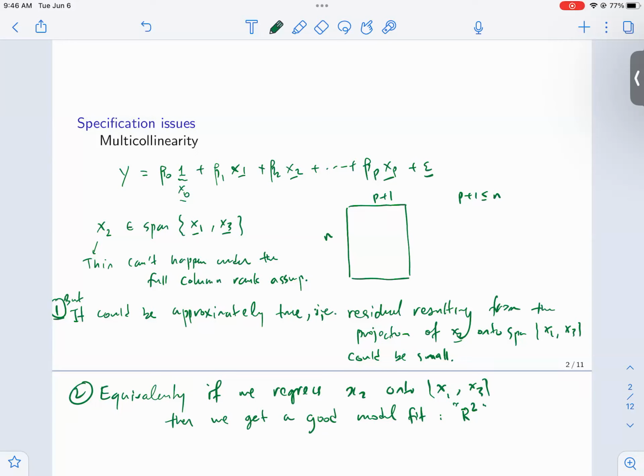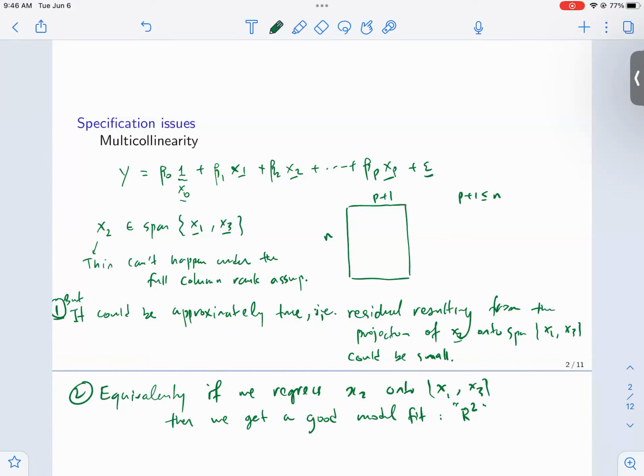If that regression is small, like this R squared is small, then x2 is not going to cause a problem that much from a multicollinearity perspective, because it can't be very well explained by the other ones. It's like an independent variable, really. So the idea, if you want to generalize, is that you look at each covariate and regress it on all the other covariates, and look at, for example, the R squared or other measures of fit of that regression model.